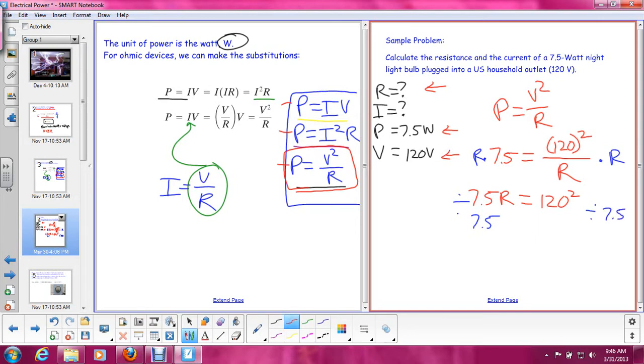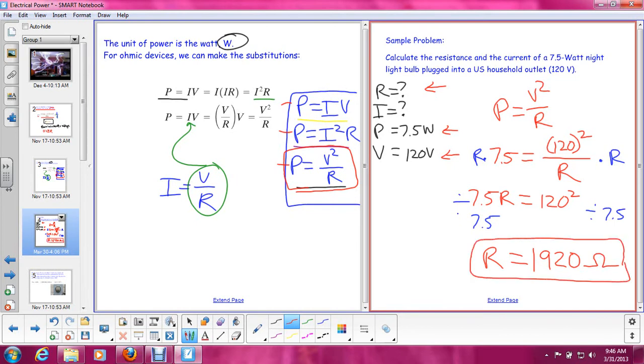And you find that R is equal to 120 squared divided by 7.5, or 1,920. Remember, resistance is measured in ohms, and our unit, our little symbol, is that weird one, omega. So now we know resistance. We know that the resistance is 1,920 ohms.